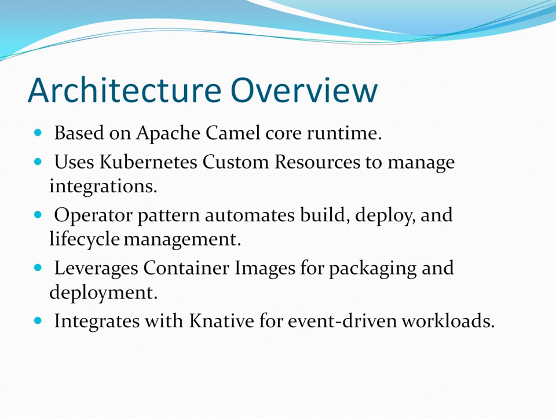Regarding the architecture, it uses the Apache Camel core runtime. So whatever existing Camel route we have, we can run in Camel K as well. It uses the Kubernetes custom resource to manage the integrations.